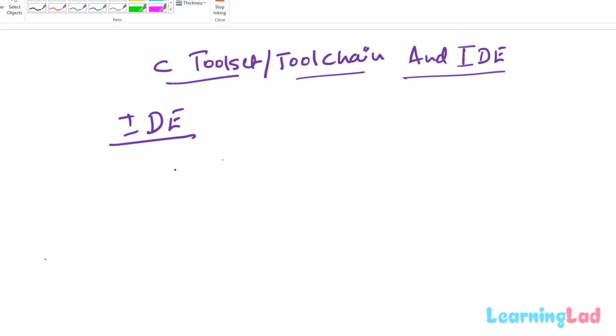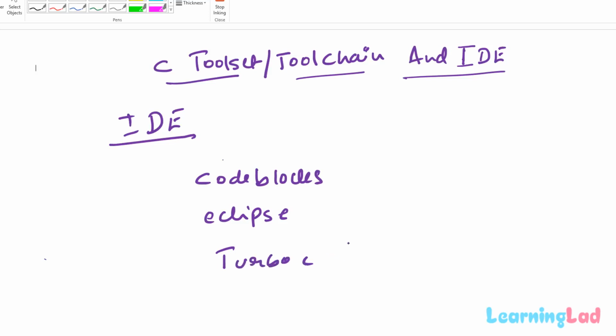There are a lot of IDEs available for the C programming language. For example, we have the Code::Blocks IDE, Eclipse, and the Turbo C compiler, which comes with its own IDE that is also called Turbo C. Microsoft has Visual Studio, and many more IDEs are available.